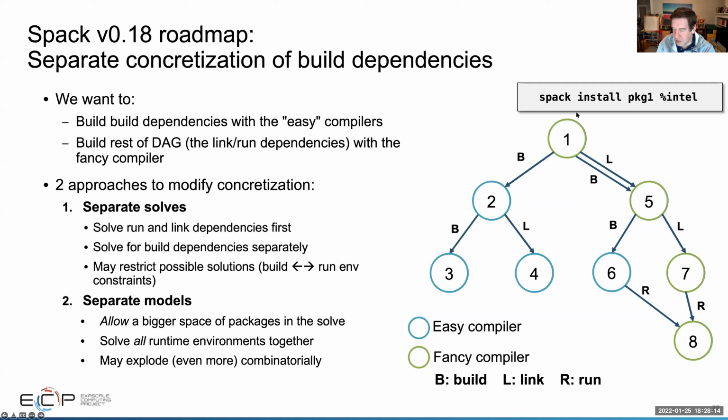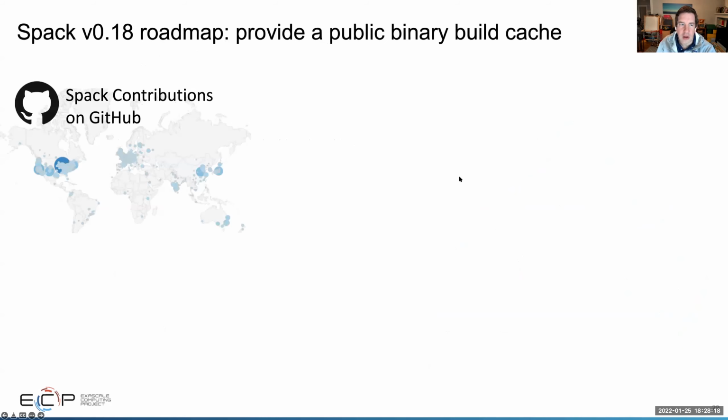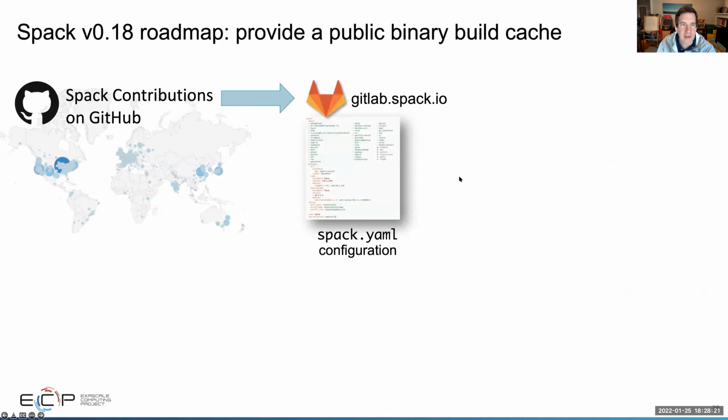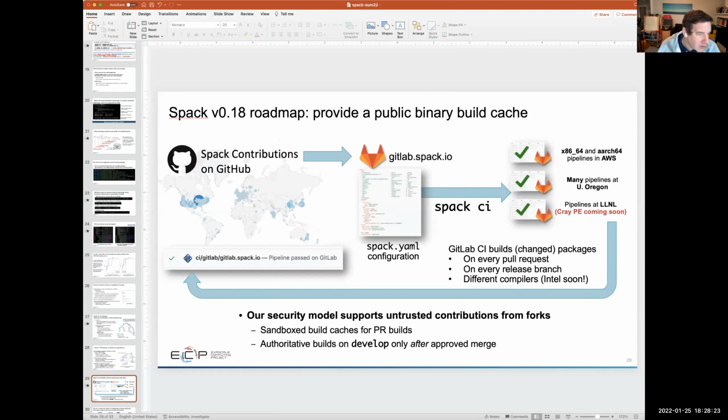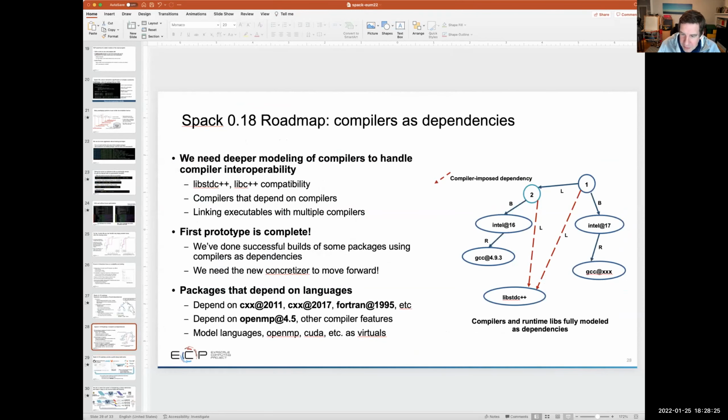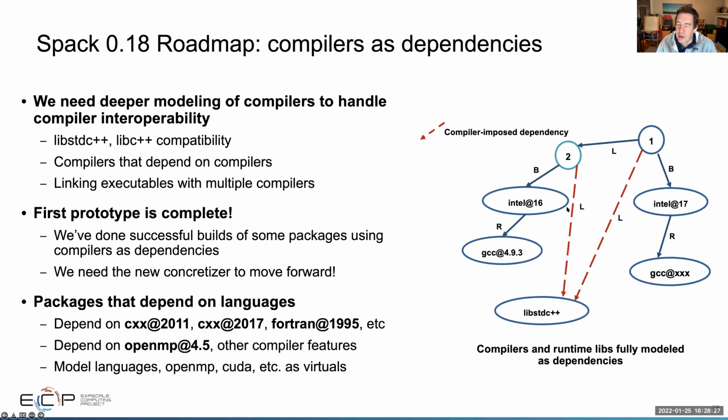The other thing we want to do to make this easier is actually model the runtime libraries of compilers, and model compilers as dependencies. Right now, Spack compilers are kind of a configured thing. You can build compilers with Spack and say, hey, that compiler that I just built, I want to build with it.